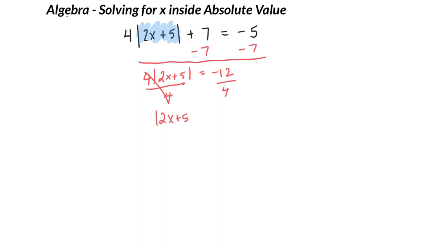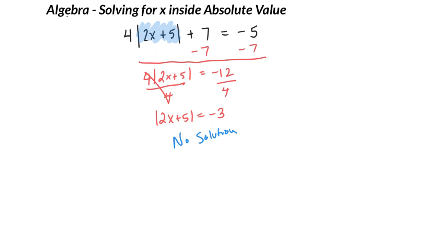Now, stop and ask yourself, is it possible to take the absolute value of something and get negative 3? The answer is no. We need to get a positive number out of absolute value. So this one has no solution.